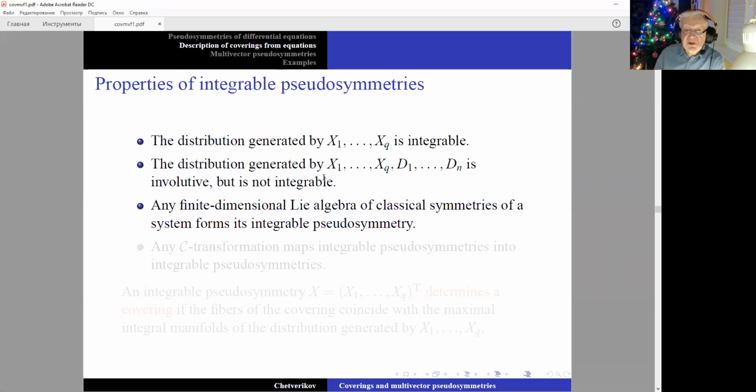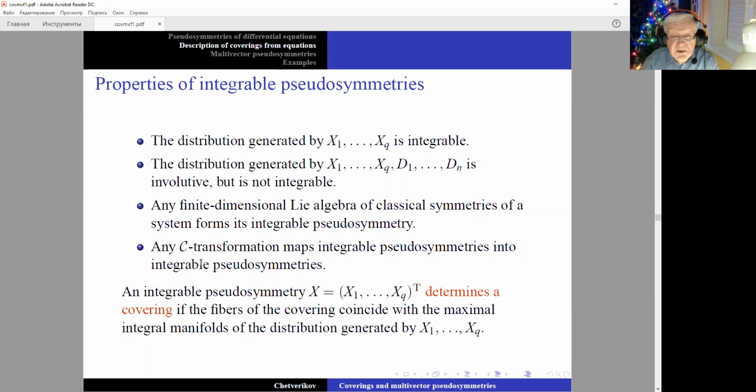Any finite dimensional Lie algebra of classical symmetries of a system forms its integrable pseudosymmetry. Any C transformation maps integrable pseudosymmetries into integrable pseudosymmetries.